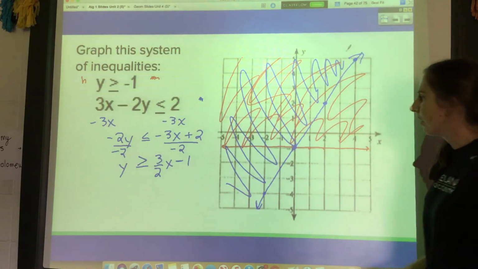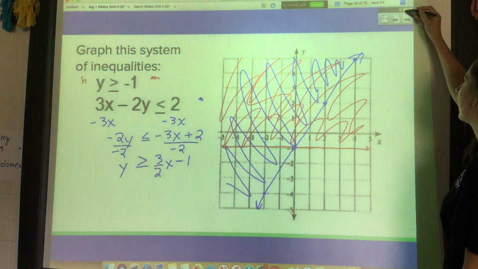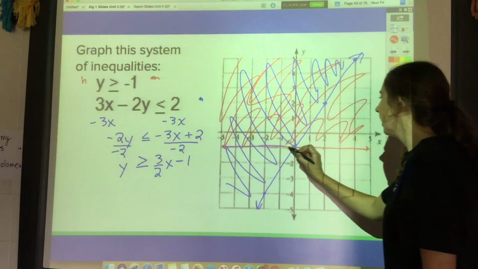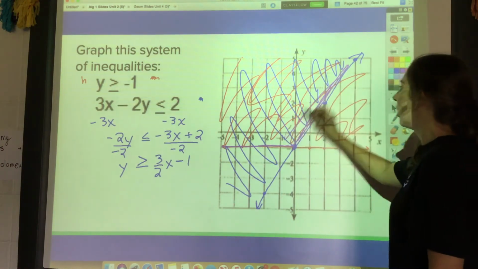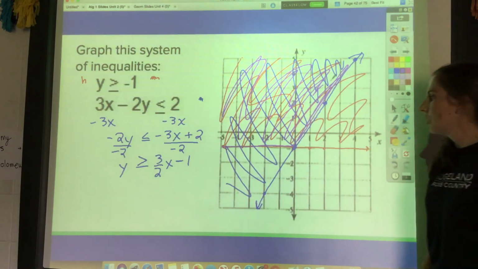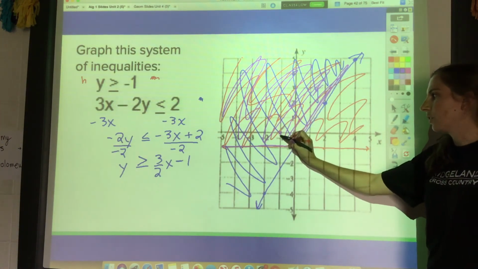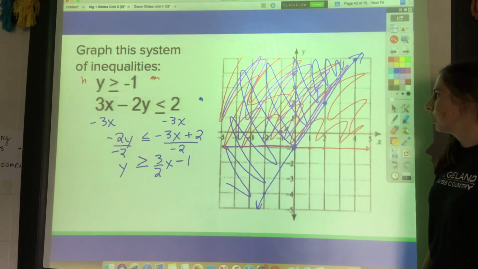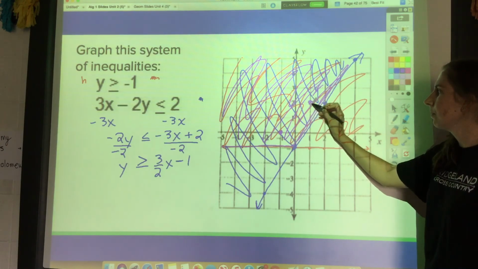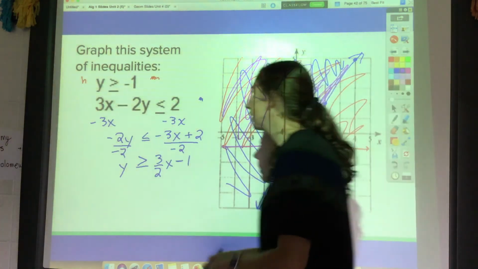And so wherever those two regions intersect is the solution to the entire system. So this region from like here to here and all of this stuff where they intersect. For example, let's pick something easier like 1, 2.